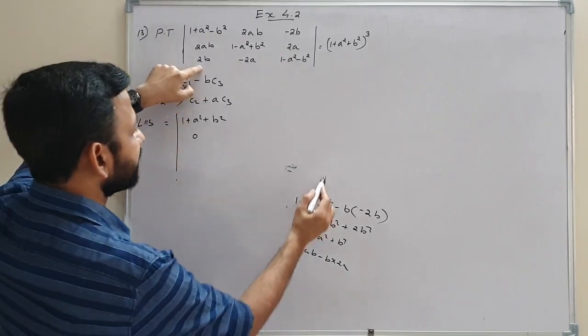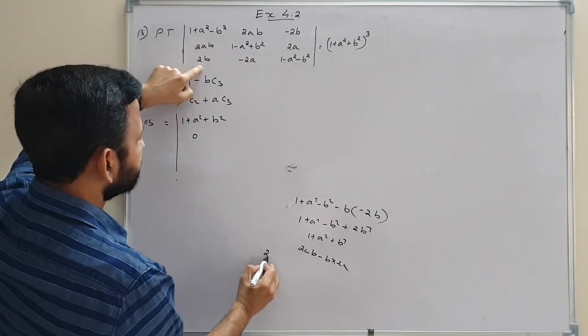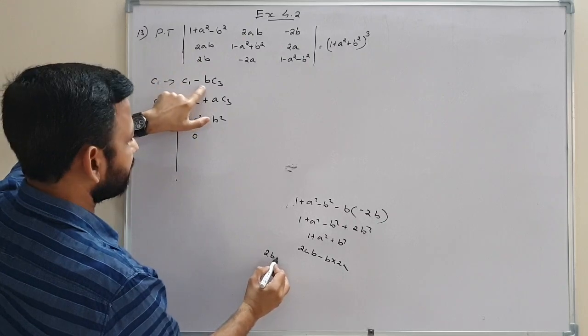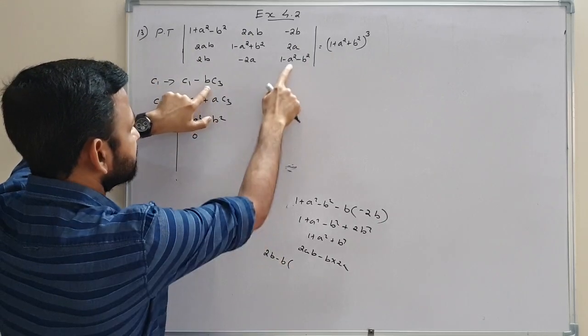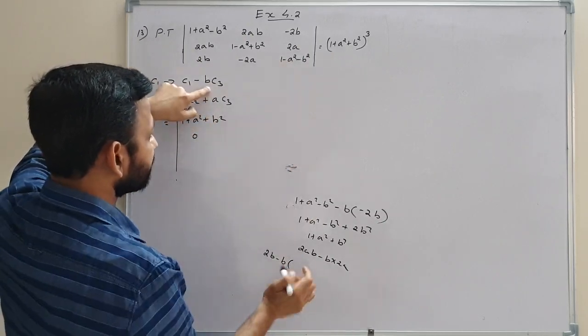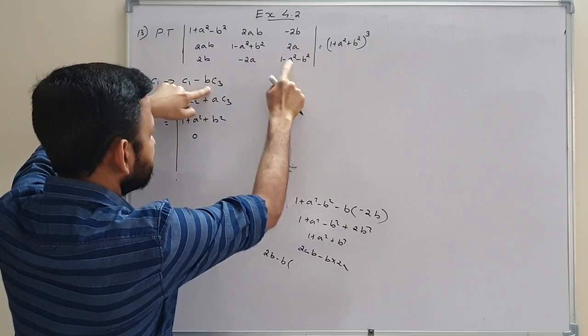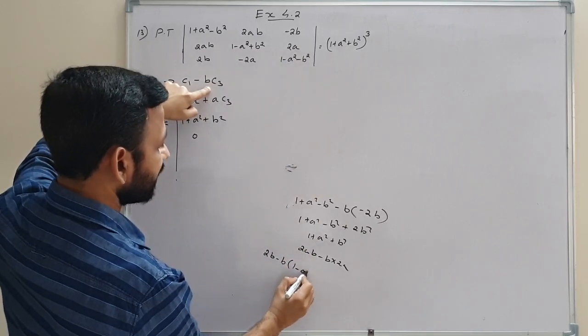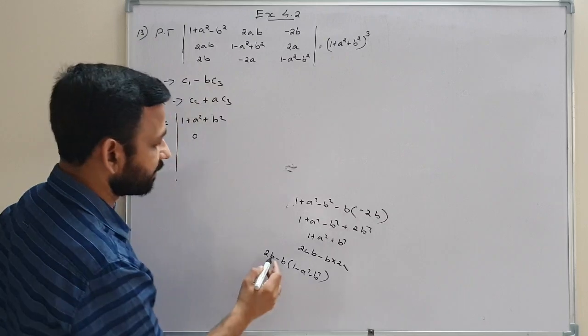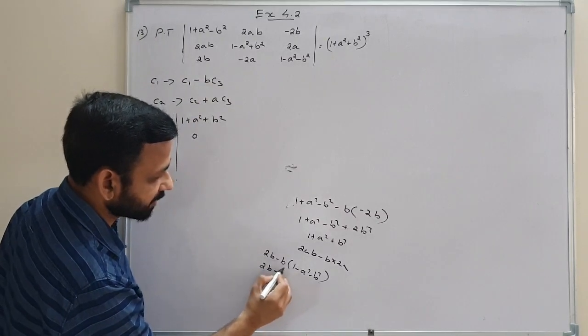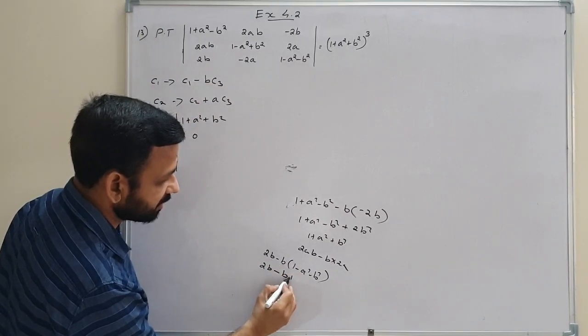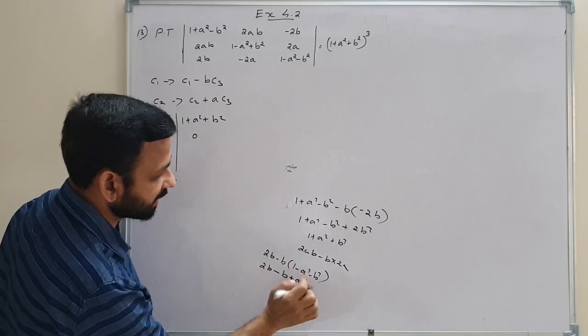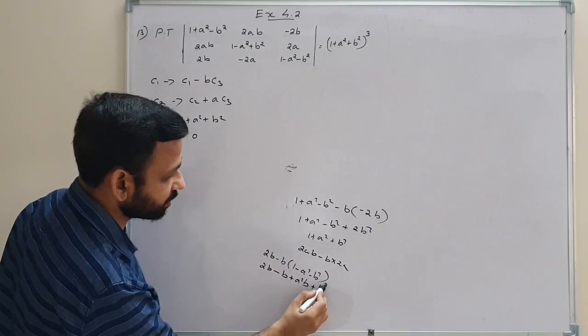Then the third element we will find: 2b minus b into C3, the third element of C3, that is 1 − a² − b². Open the bracket: 2b minus b, minus into minus plus a²b, minus into minus plus b³.